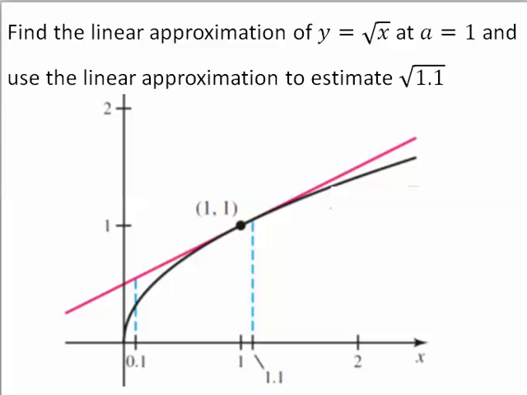So we're going to construct a linear approximation at 1 and then use that linear approximation to approximate square root of 1.1. Again, we're choosing a point near 1.1. We're choosing a point where we actually do know the square root. So that's why we're choosing 1.